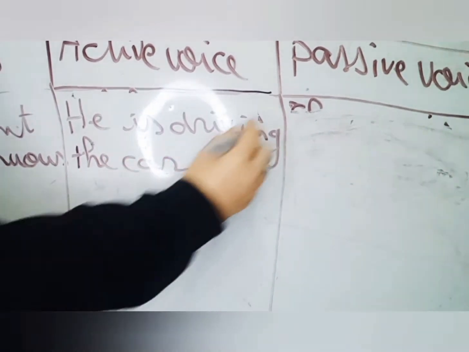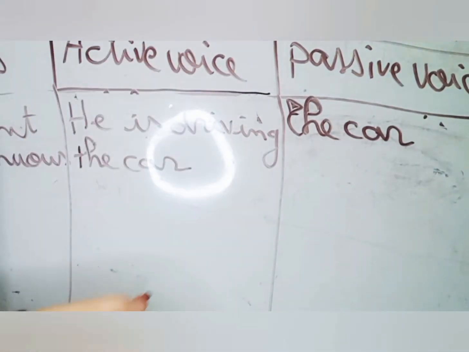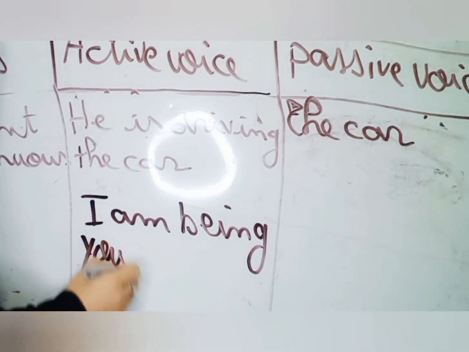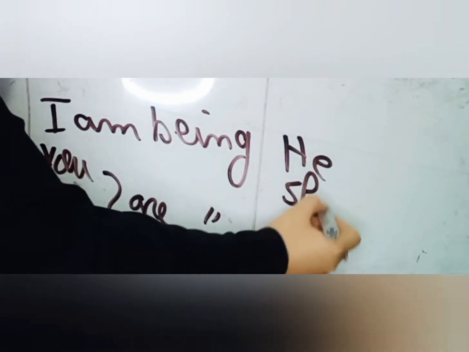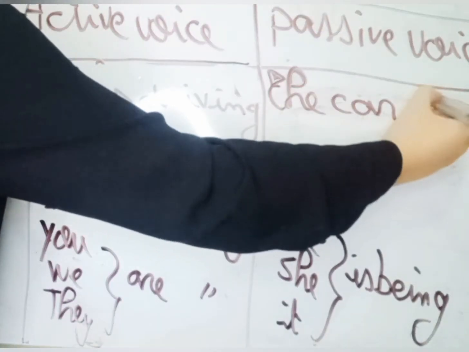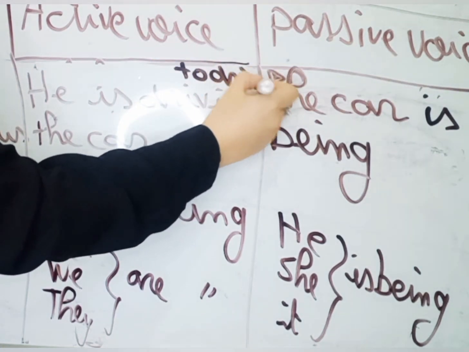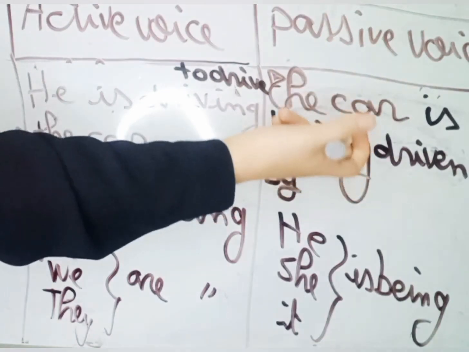We start with the direct object, the car. نجيبوا الفعل to be ونصرفوه في present continuous: I am being, you, we, they are being, he, she, it is being. Here, since we have the car, replaced by it, what do we say? Is being, then the past participle of the verb to drive, driven. Is being driven by him.